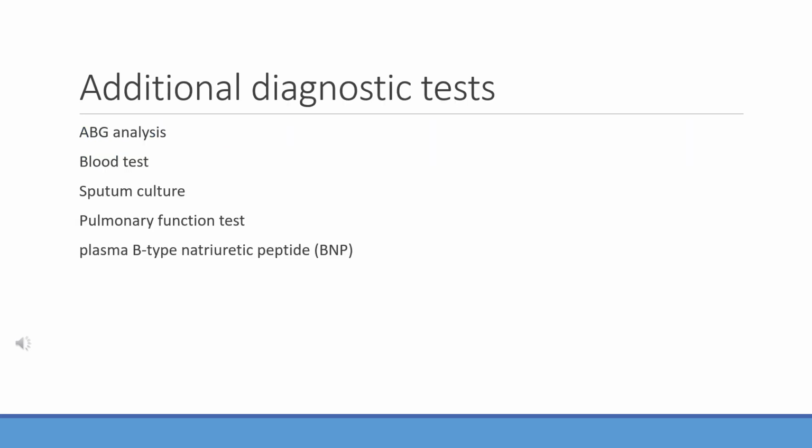Here are some additional diagnostic tests that we may do to decide if it is ARDS or not. ABG analysis determines the low levels of oxygen in the blood, but gives us some other information as well. In addition to hypoxemia, the arterial blood gases often initially show a respiratory alkalosis, and that's normally from hyperventilation in the early stages of ARDS.